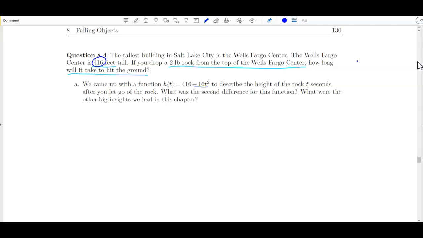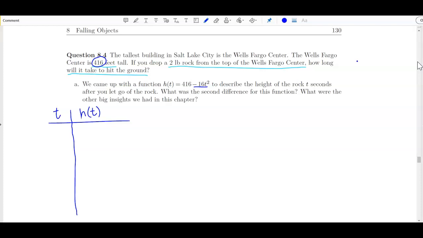So what I want you to look at here, I want you to make a little chart, a little table of values. We're going to choose some t's and figure out what h of t is.